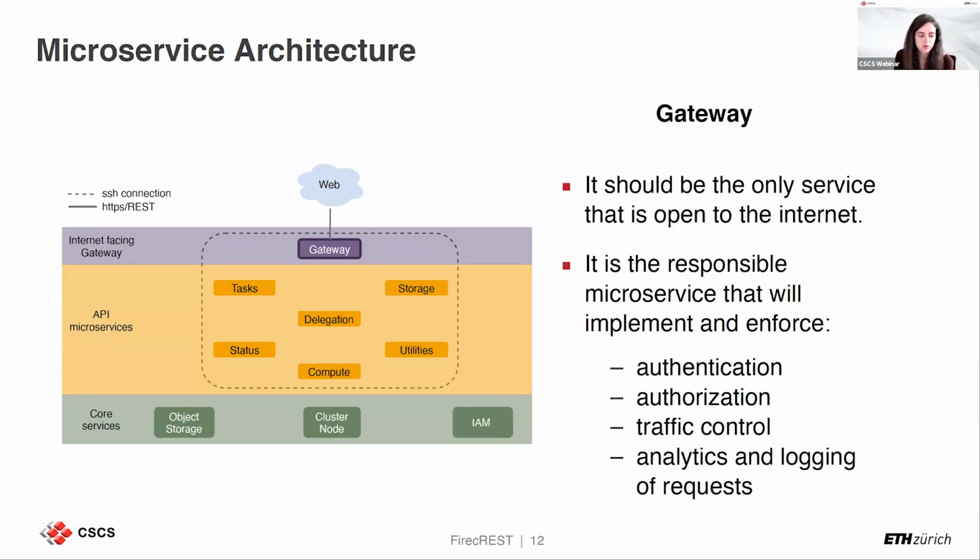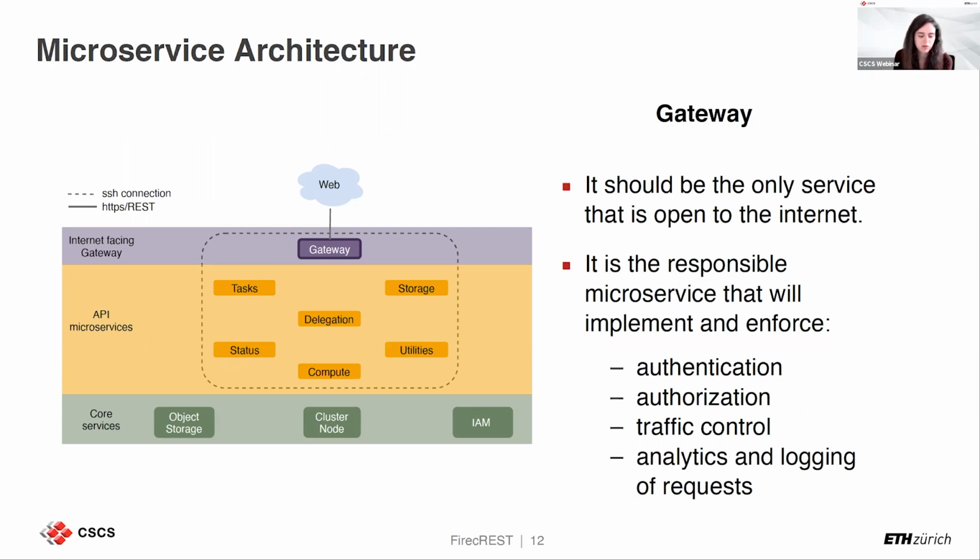So when the request starts, the first service it will meet is the gateway. The gateway should be the only service from FirecREST that is open to the internet so that the user can access it.